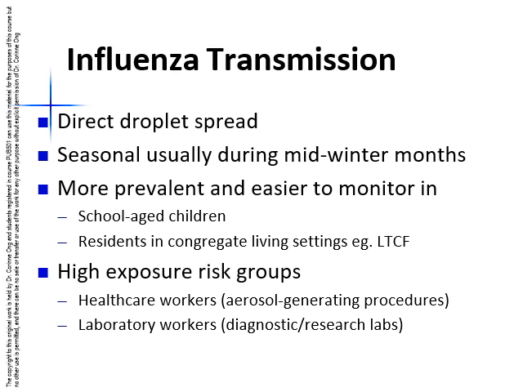Like most respiratory diseases, flu is spread directly from person to person through respiratory droplets or aerosols, which are much smaller and able to travel further than 6 feet. Flu transmission is seasonal and usually peaks during winter months. High-risk groups include school-aged children, residents in congregate living settings, such as long-term care facilities, seniors' homes, and correctional facilities.